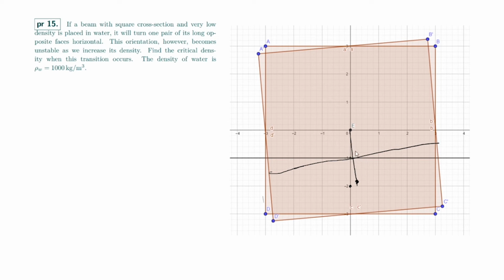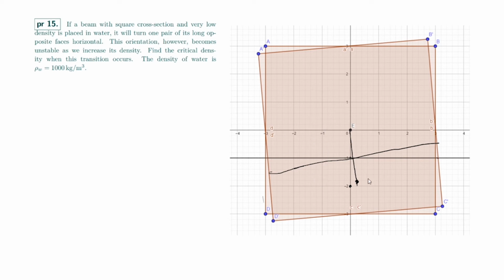So essentially what we have here is we have to find the center of buoyancy of this new trapezoidal shape after it's rotated. If the center of buoyancy is on the right side of the center of mass, so let's say the center of buoyancy is somewhere like here, that means the buoyancy force is going to point upwards and it's going to be stable.